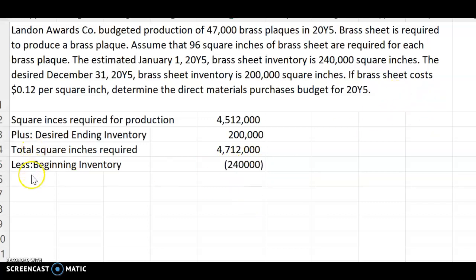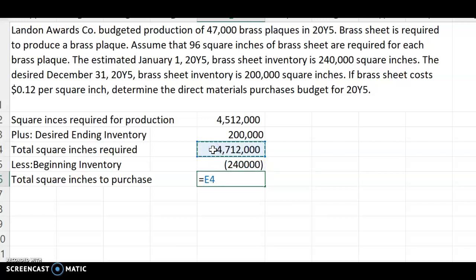So then I can get the total square inches that I need to purchase, which is the required minus the beginning inventory. So this, and then minus this.